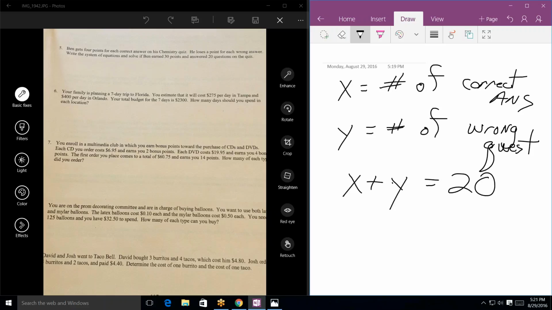And then, write the system if he earned 30 points. How do you earn points? You get 4 points for each x, so you have 4x, and you lose 1 point for each y, minus y. Then 4x minus y is equal to 30. And there's your two equations.